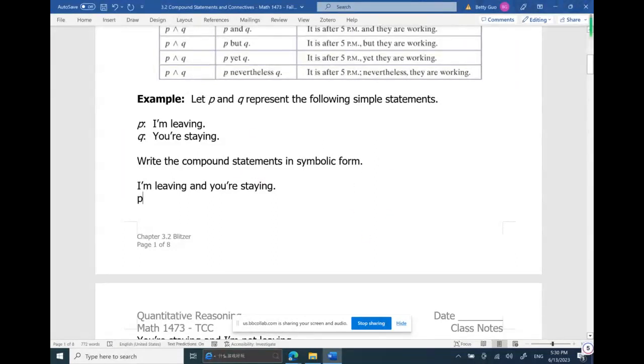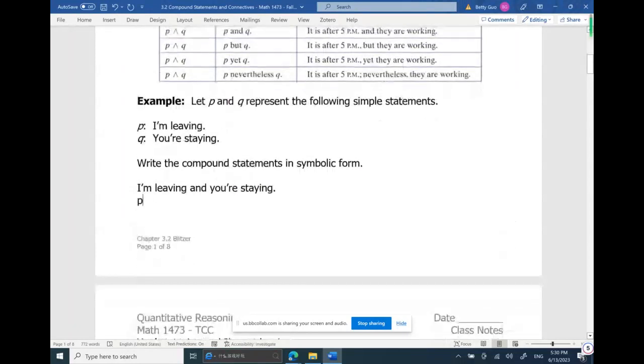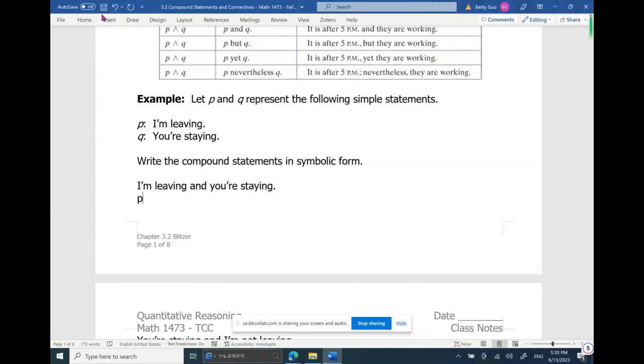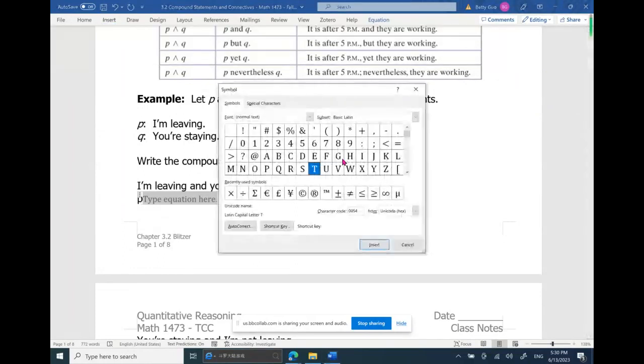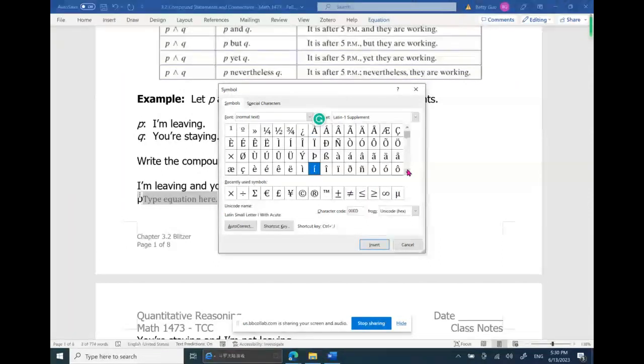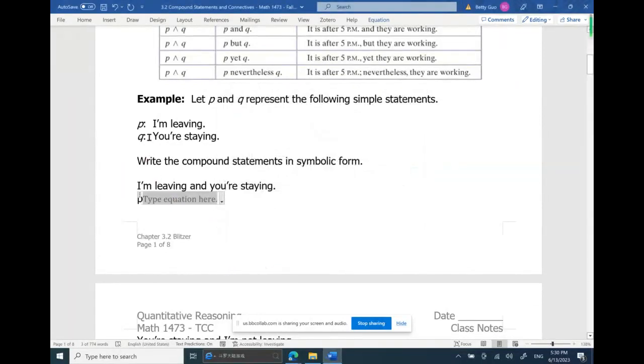Give me a little time to find the notation for and. It's the upside down V. Let me try copy paste.